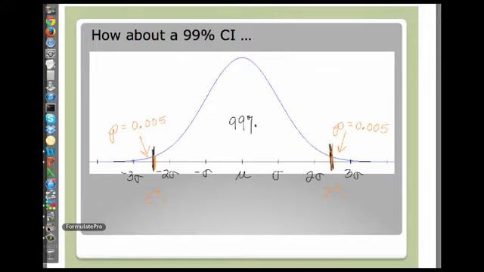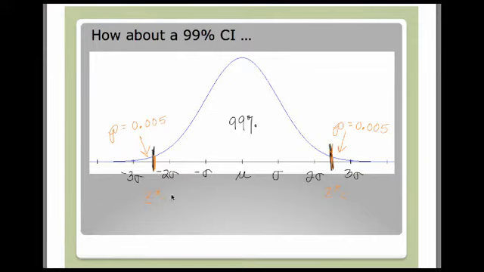Remember that. So this is a positive 2.576. Again, this 2.576 becomes our critical number when specifically we're talking a 99% confidence interval.